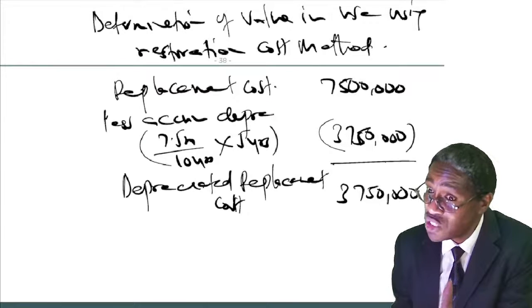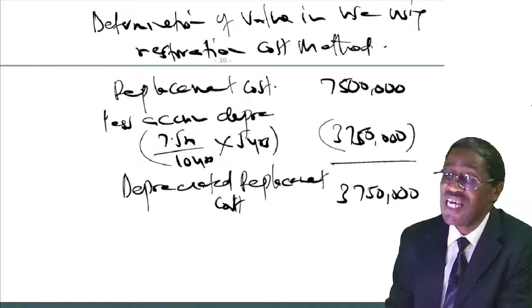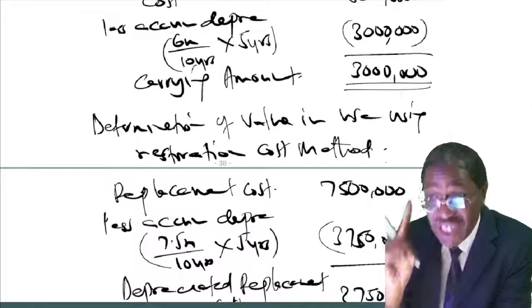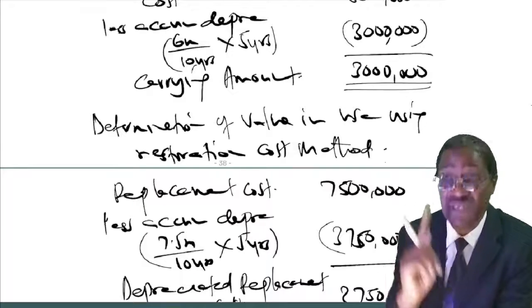If I'm using depreciated replacement cost, then I ask myself, would it have suffered impairment?